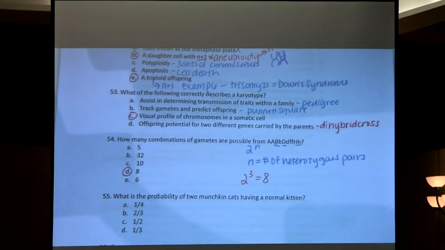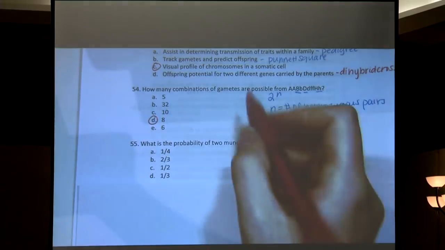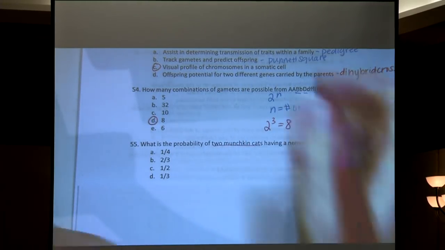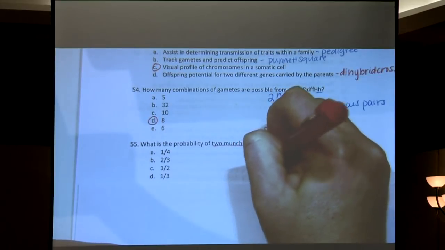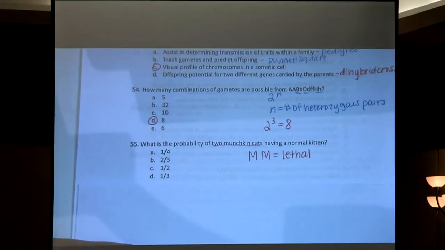All right. So the next couple give us a little more work to do. She's guaranteed you a question about Munchkin cats. Just remember that if you have 2 large M's, this is considered lethal for Munchkin cats in general. These will not be born.